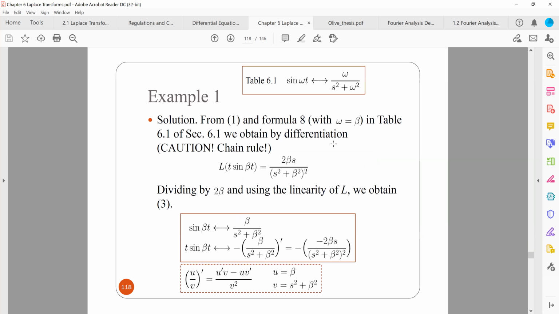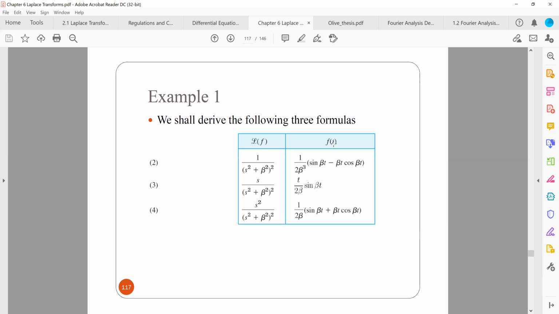If you look at the denominator for all of these, first of all, if you ignore the square outside, it should make you think about a cosine or a sine, because of that s squared plus beta squared.